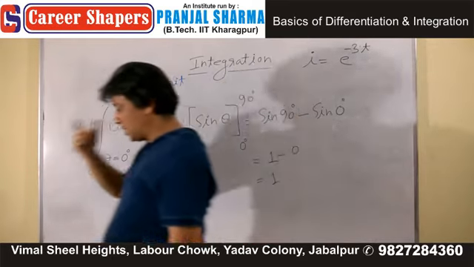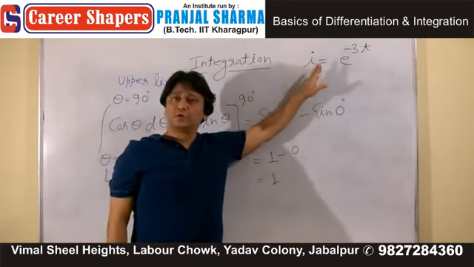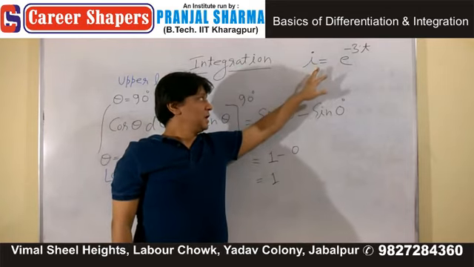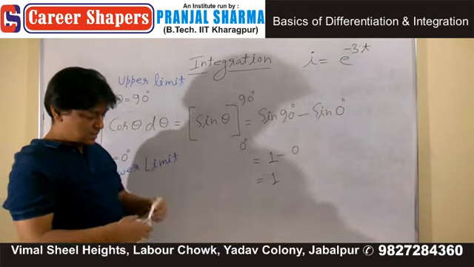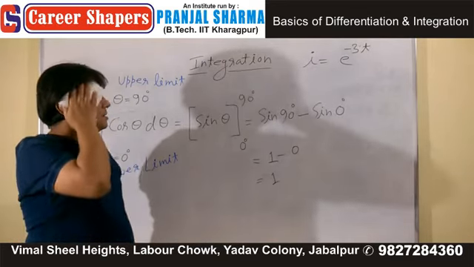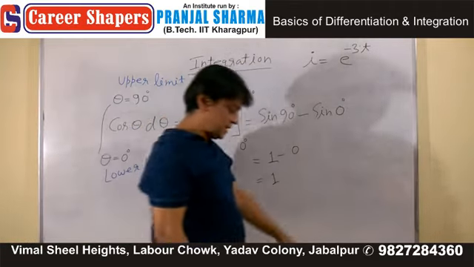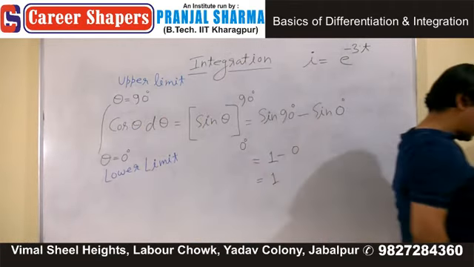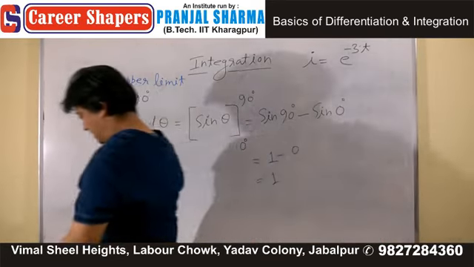Current flowing through a resistor is given by I equals e to the power minus 3t.